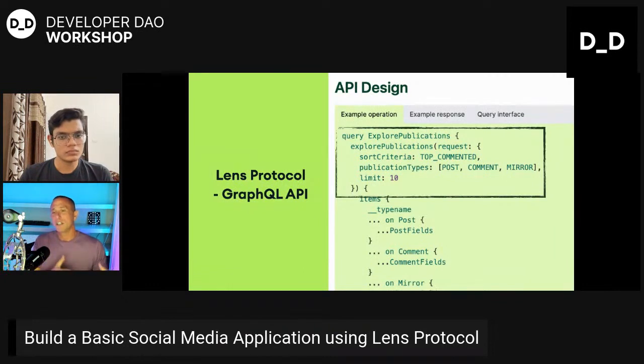I want to return these types of publications, and I want to get this many back. And to make it even better with GraphQL, you have the option to define the return values and only return certain types of information, which is really important when you're dealing with latency issues and building mobile applications. So this is kind of like a mobile first API approach, which is really great.